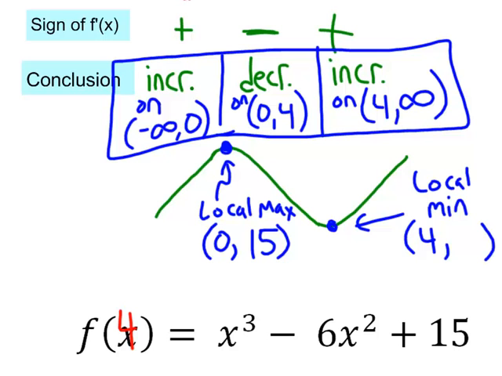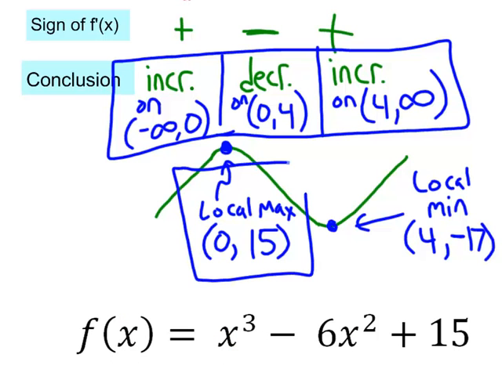And if I were to plug in a 4 here, I would get a negative 17 here. And clearly that could all be confirmed by calculator. But that is our answer. We found the intervals of increasing, decreasing, and we also found the extrema.